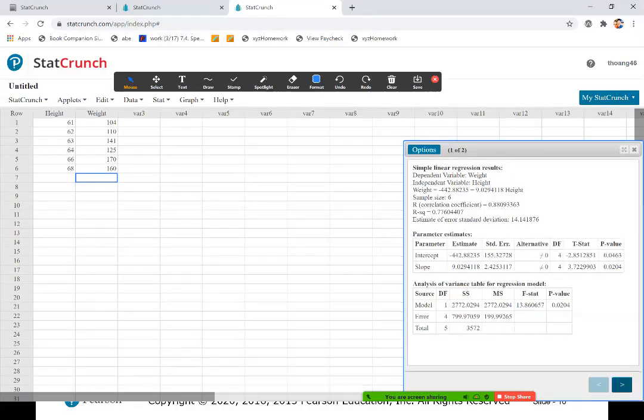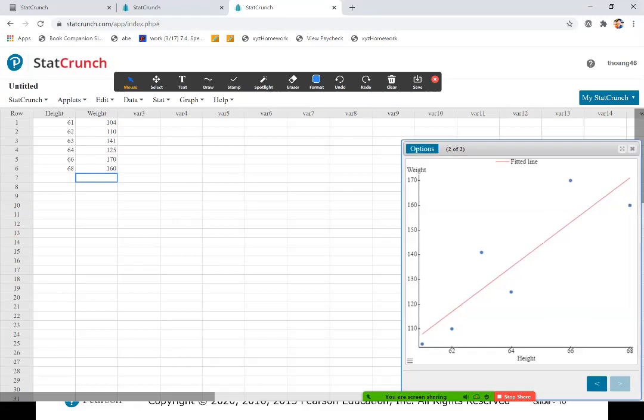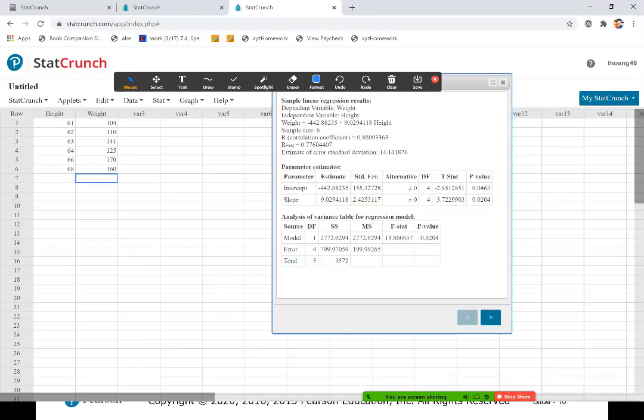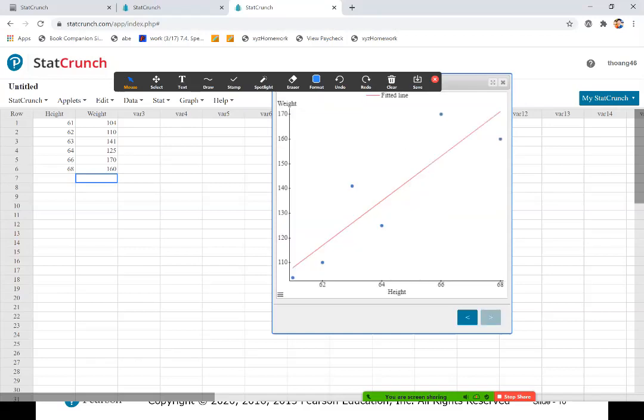Actually, I think there's a graph right here. So here's a graph from StatCrunch. If you click on the button here, you're going to see the graph. The red line here is the best fit line.